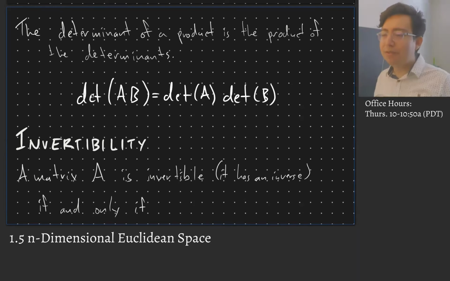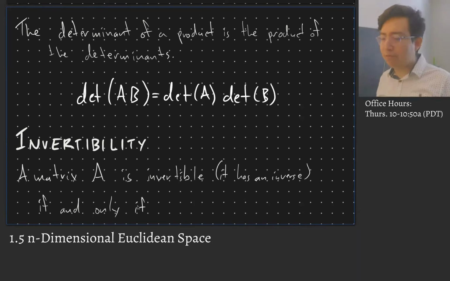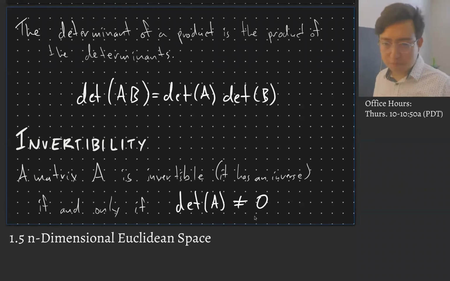And if you use this formula, you can actually get something about invertibility here. So a matrix is invertible if and only if its determinant is not equal to 0. Okay.